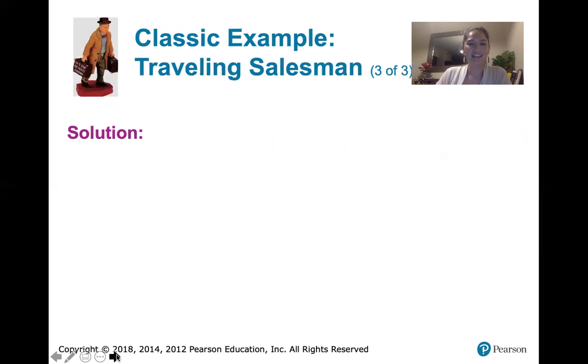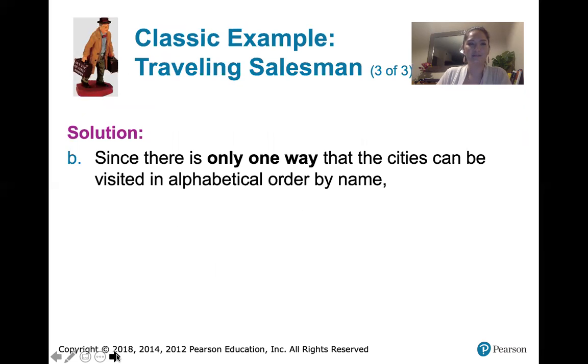Okay, now let's look at the second part. It asked, what is the probability of visiting those cities in alphabetical order? Now, if we assume that all 5 cities have unique names, so we're not visiting Springfield in one state, and then Springfield in another state, and then Springfield in the next state, but all 5 cities have unique names, there's only one way to list them in alphabetical order.